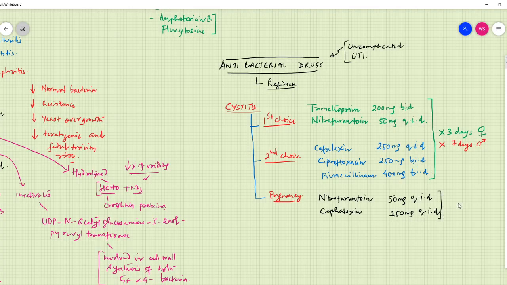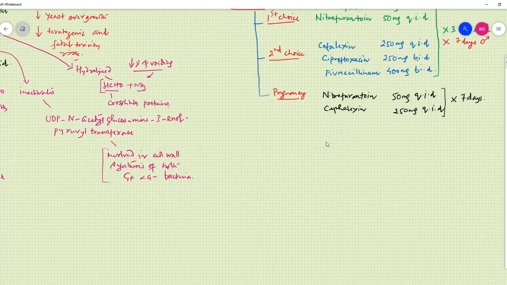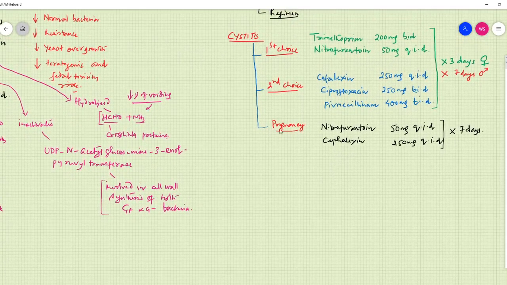But these need to be given for 7 days. Obviously, it is for the females because they are the people who get pregnant. So that is for cystitis.